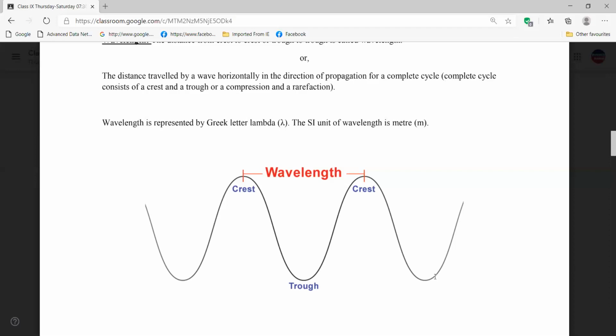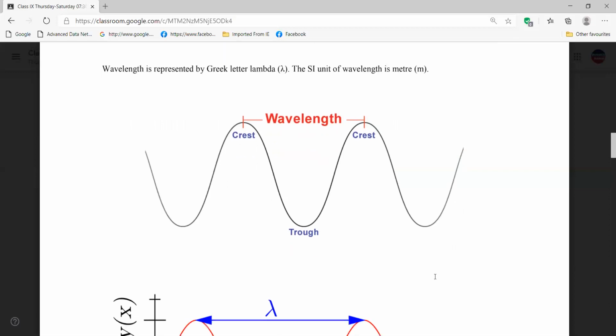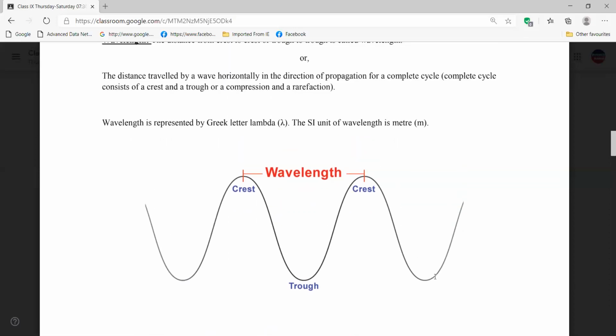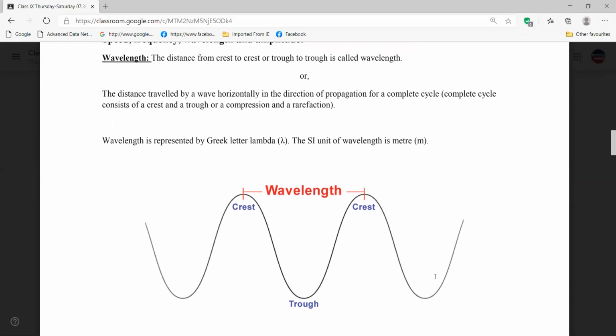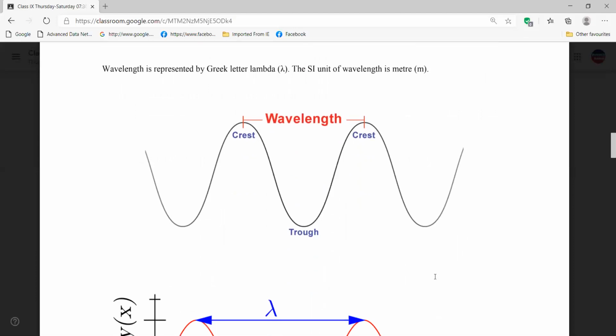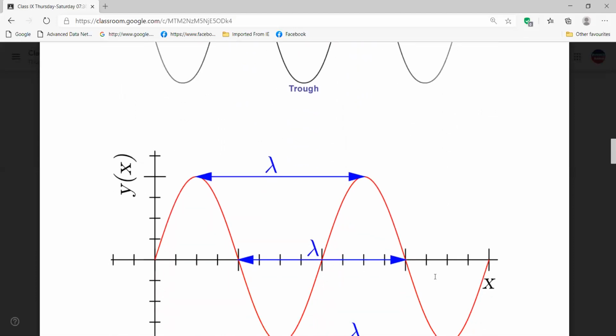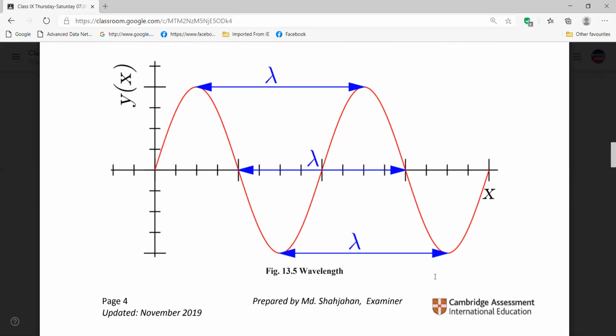Farabi? Yes, sir. So what is called crest? The upper peak point is called crest, right? And the lower peak point is called trough. Is it clear? Yes, sir.